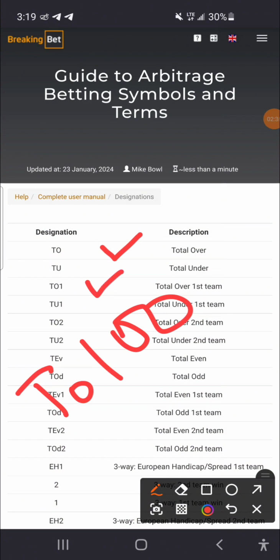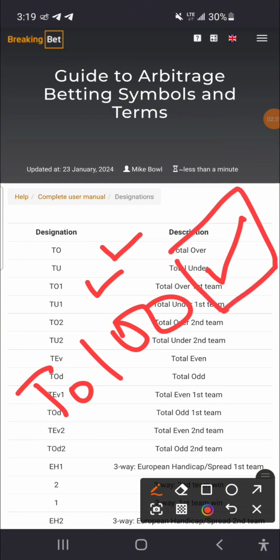So if the home team happens to play up to 100, that is when that option is won. They are trying to tell you that you should put total over 100 for the home team.